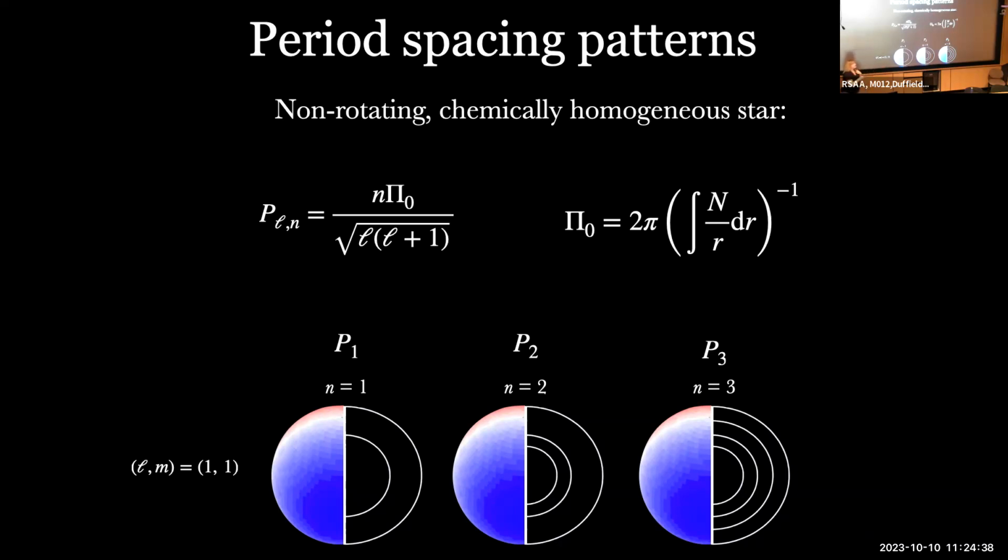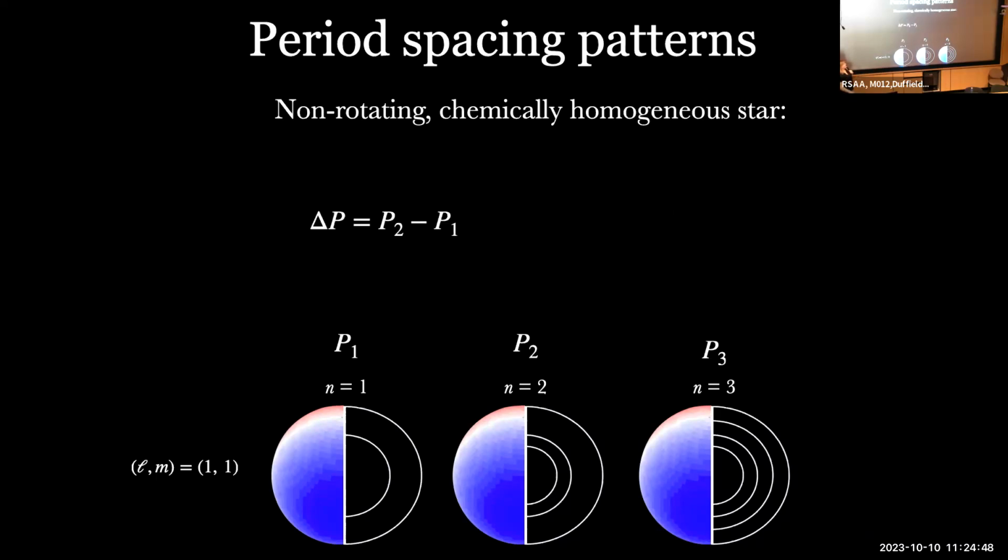And so as it happens, if you're looking at oscillations that have the same L and M value, like these ones, but are consecutive in N, and we calculate what's the period difference between P2 and P1, and P3 and P2, then it turns out that these differences are roughly the same.